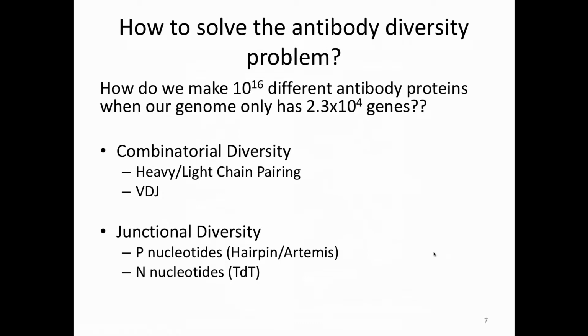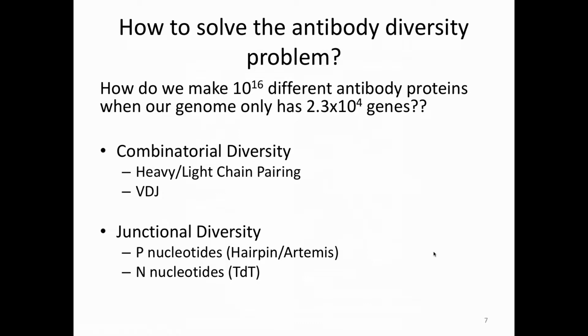So we need to think a little bit about how we solve this antibody diversity problem. And so again, the problem is about how we're going to make 10 to the 16th different proteins when our genome only has 2 times 10 to the 4th genes. This slide is in here for your later studying. It's a nice outline of the answer to how we do this.